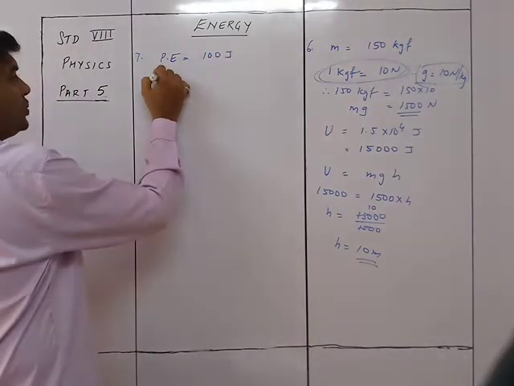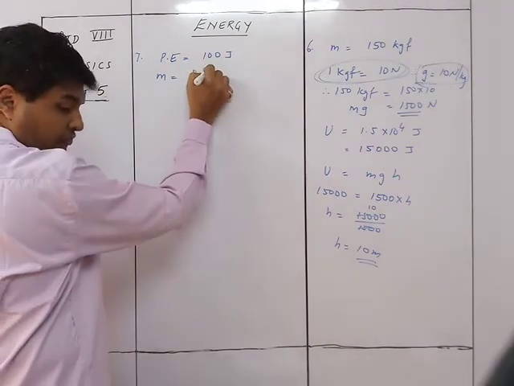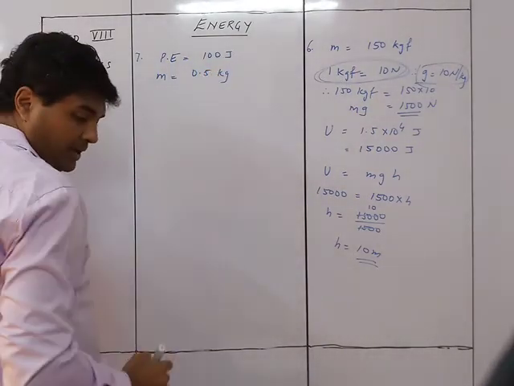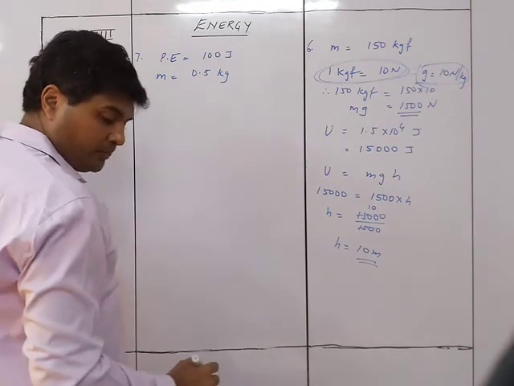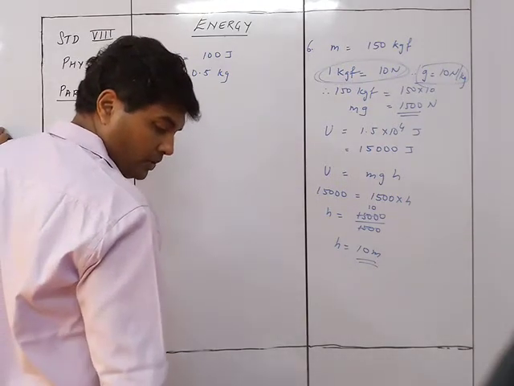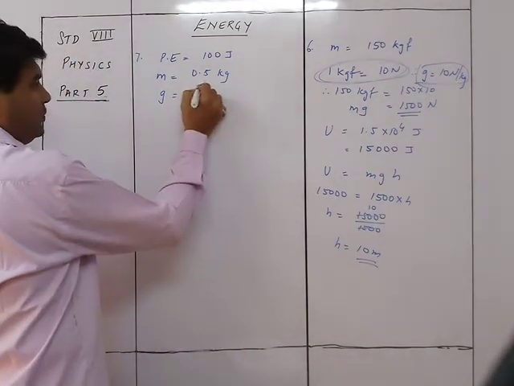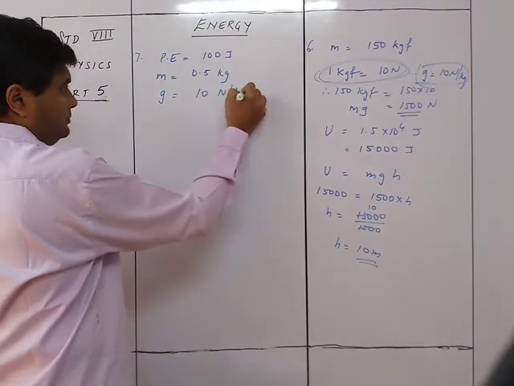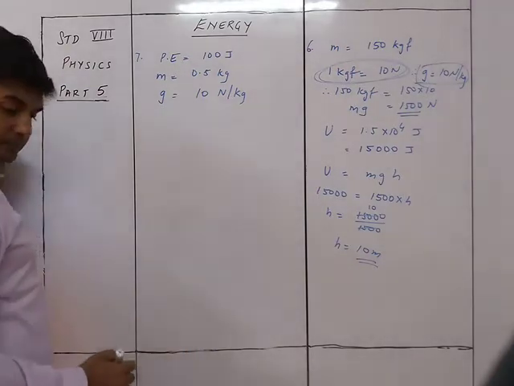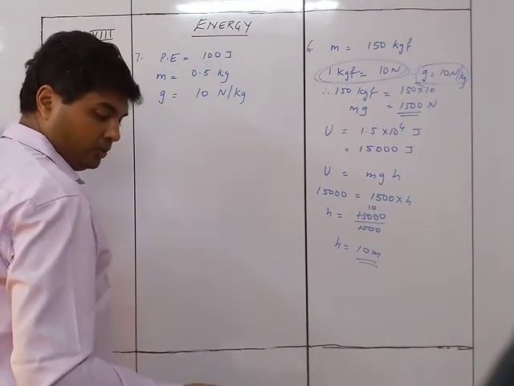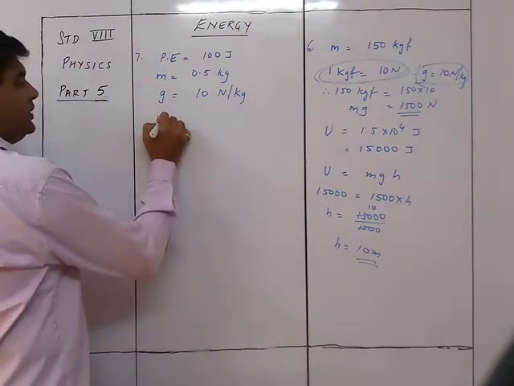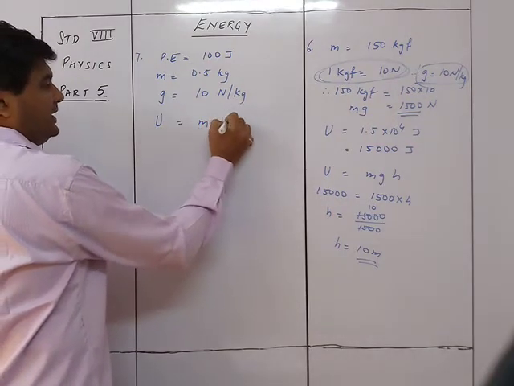The mass over here is equal to 0.5 kg, and it is taken from the ground to the top. G is already given to you as 10 Newton per kg. We need to find out the H. So we know that U is equal to mgh.